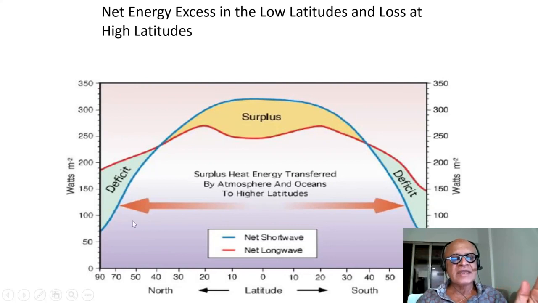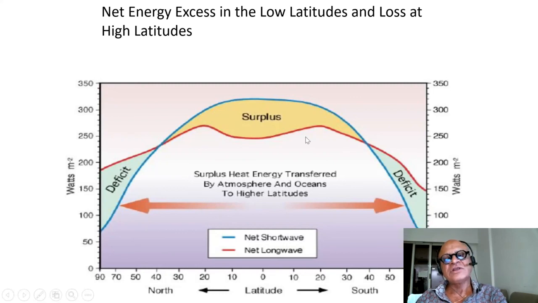So at higher latitudes, beyond certain mid-latitudes, the incoming radiation is actually less than the outgoing long wave, and in the lower latitudes the solar is larger than the outgoing long wave, so you have net energy being accumulated here and a net deficit of energy at higher latitudes.